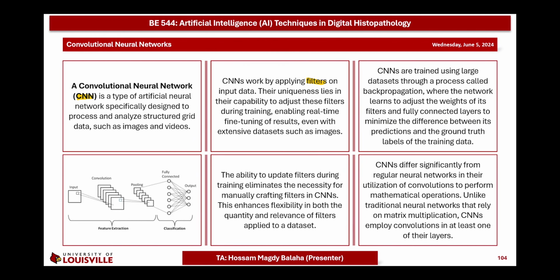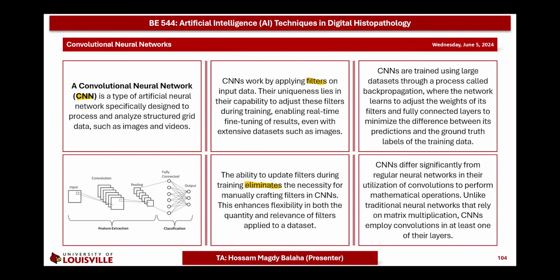So you have an initial filter, or a kernel, or a block, which is fine-tuned based on the input data during the learning process. By doing that automatically during training, this eliminates the necessity for manually crafting filters in a CNN. And this enhances the flexibility in both the quantity and relevance of filters applied to a specific dataset.